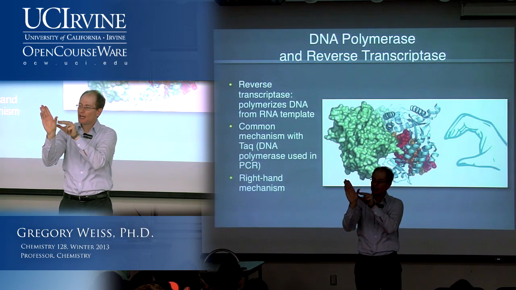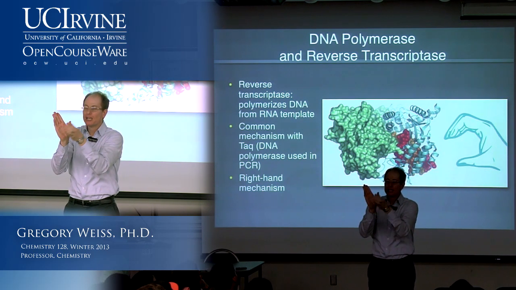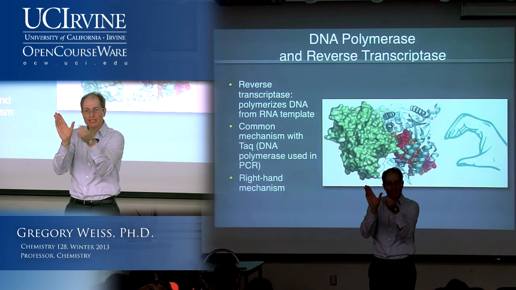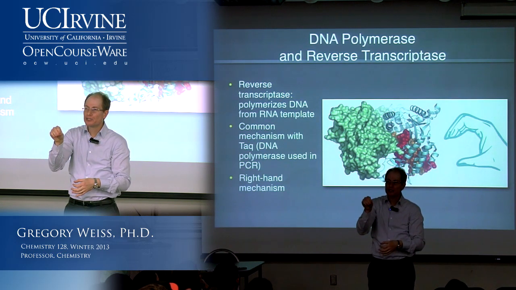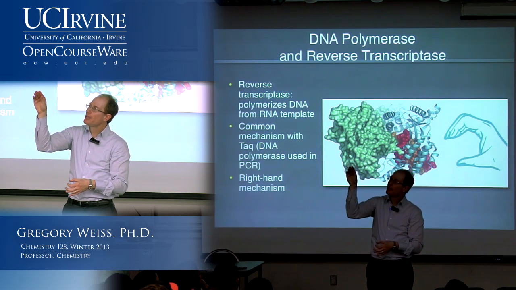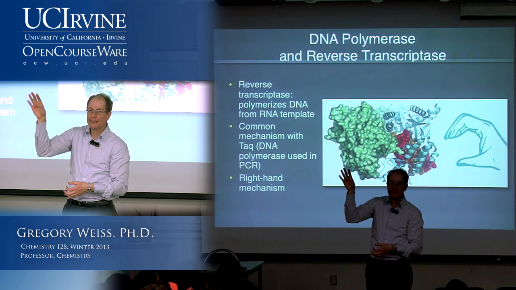When the correct nucleotide triphosphate binds to the priming strand, the newly synthesized strand, the enzyme can then close. When it closes, the palm and the thumb get closer to each other. Palm, thumb, and fingers. So it closes a little bit like this.